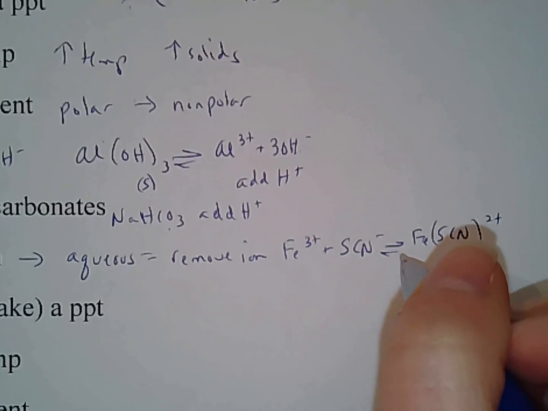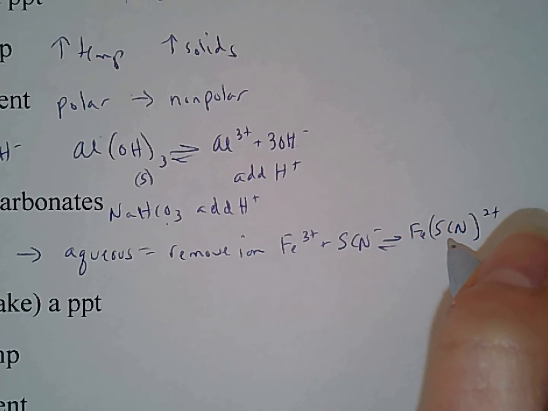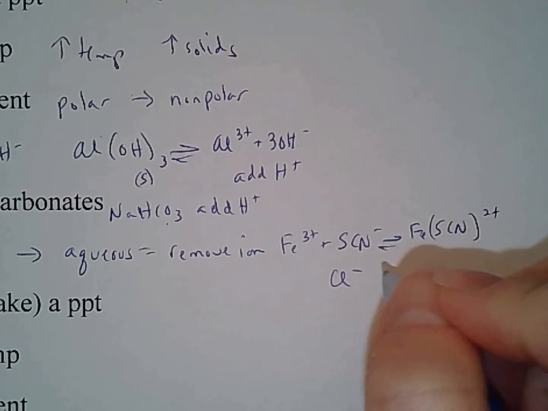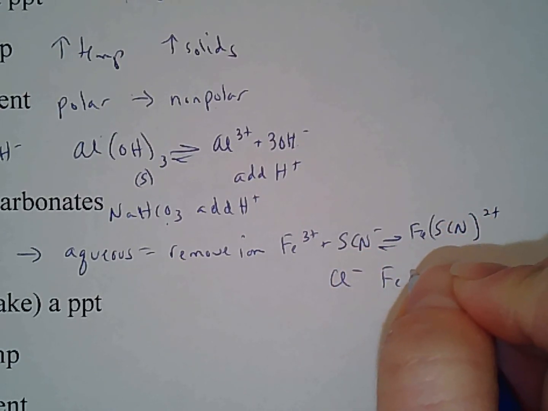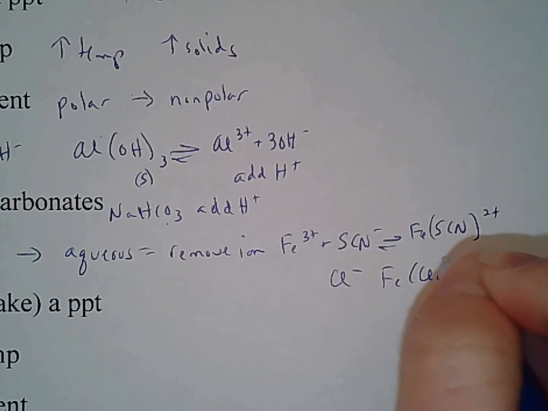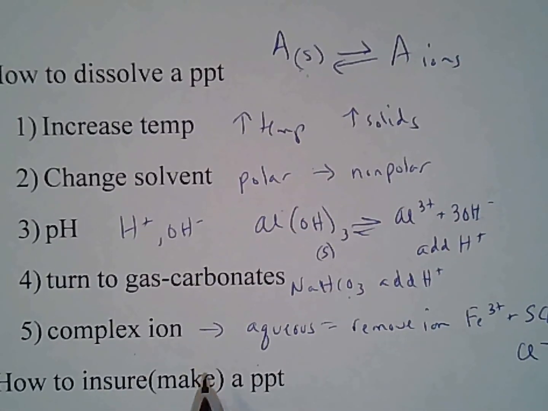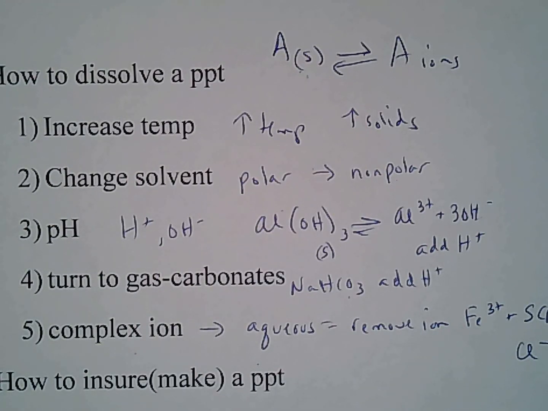So if I want to get more of a solid to dissolve, I can make a complex ion with, say, a chloride and remove the iron from that. So again, complex ions are not really going to be on the AP test that much, but it is another way to dissolve a precipitate.